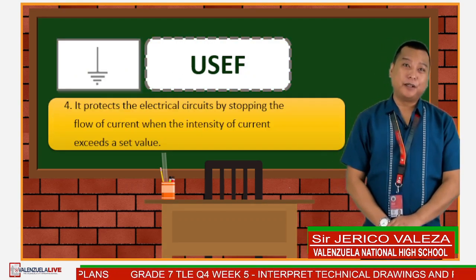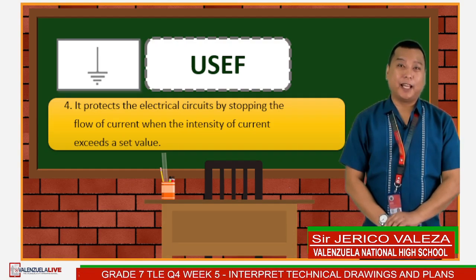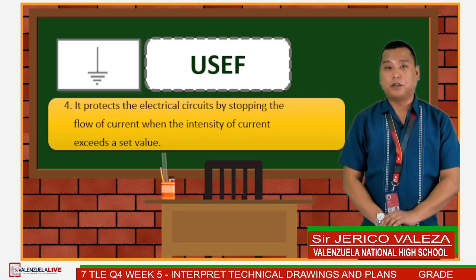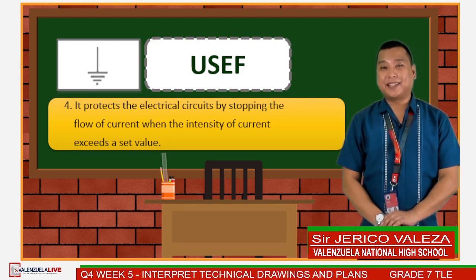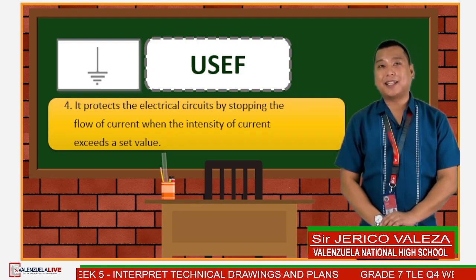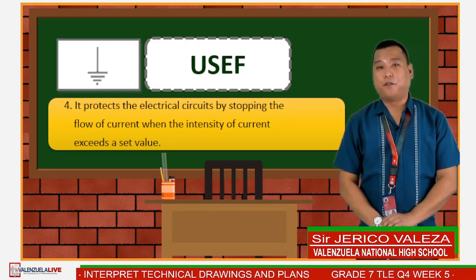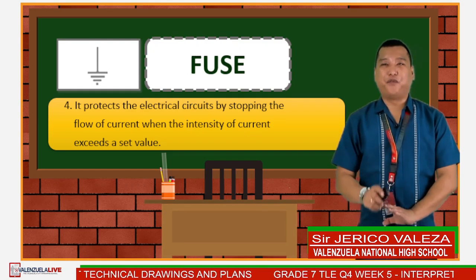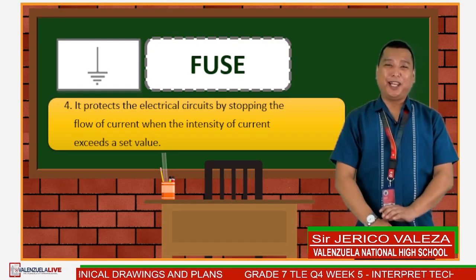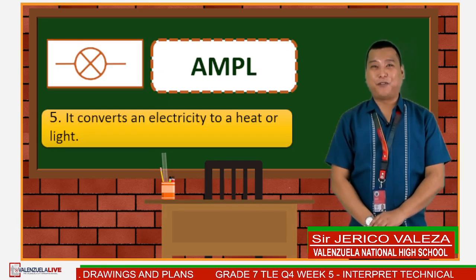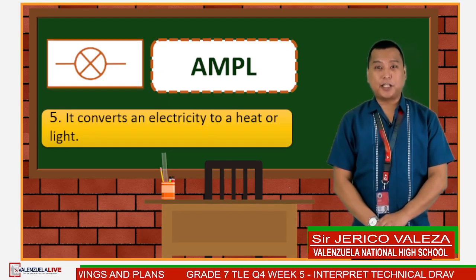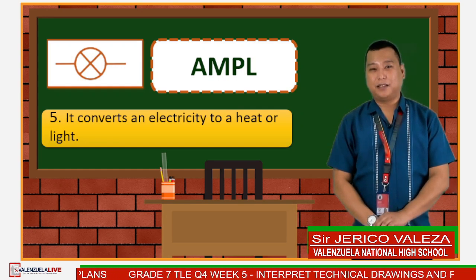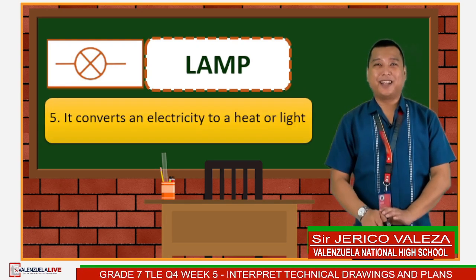Number 4, it protects electrical circuits by stopping the flow of current when the intensity of current exceeds a set value. What is the answer? Fuse. You're doing great. Number 5, it converts electricity to heat or light. Correct. Lamp.